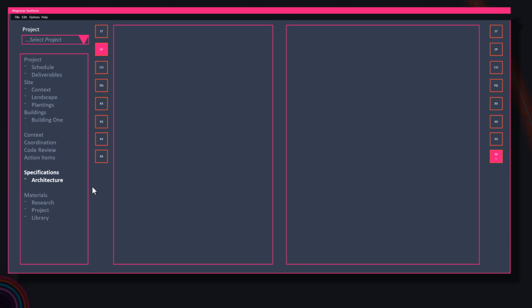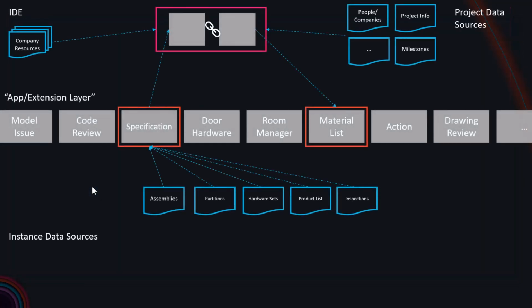A similar idea, but basically the logic here is, if you're going to look at a material list and a specification and actually make sure those two are aligned, what you're really doing is putting these two apps, or extensions, I think is the way to think about them, next to each other.